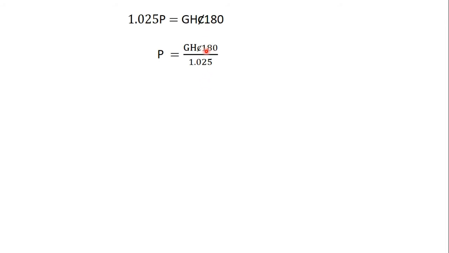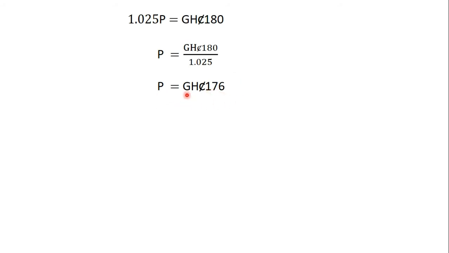And this will give us 180 Ghana cedis divided by 1.025, and P is equal to 176 Ghana cedis. Remember, the question said we should correct our answer to the nearest whole number. So if you divide 180 by 1.025 and you correct your answer to the nearest whole number, you will have 176.